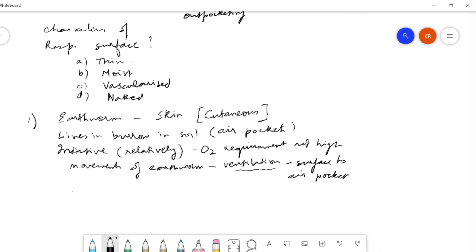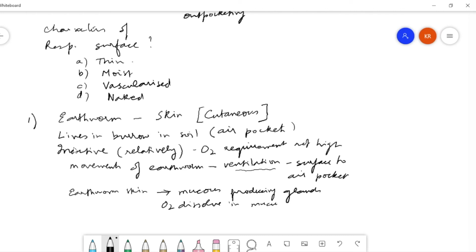Now, earthworm skin. The skin of the earthworm has a lot of mucus producing glands. So it produces mucus, and O2 can easily dissolve in this mucus.